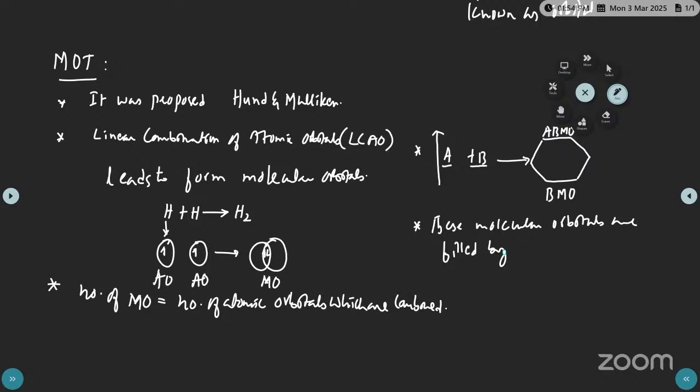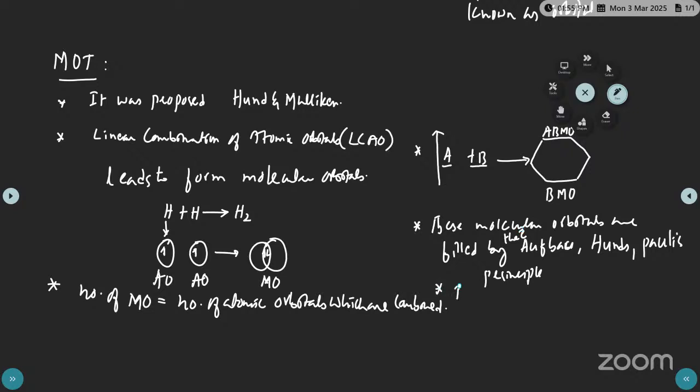Aufbau principle, and Hund's principle, and then Pauli exclusion principle. So these molecular orbitals are filled by the electrons following Hund's and Pauli's exclusion principle.